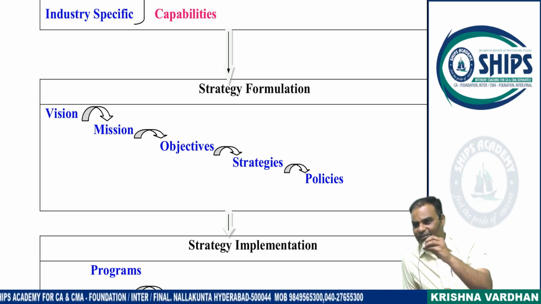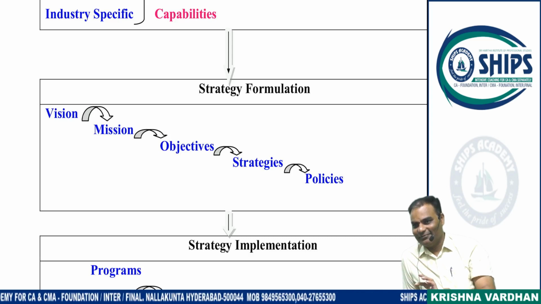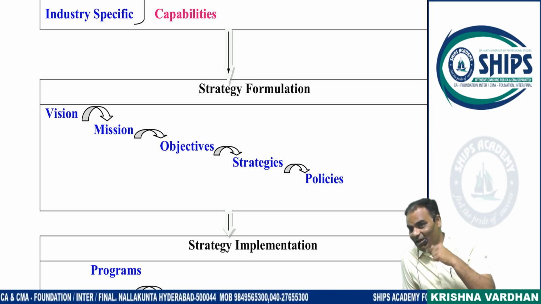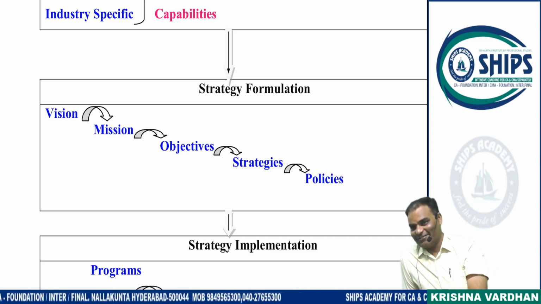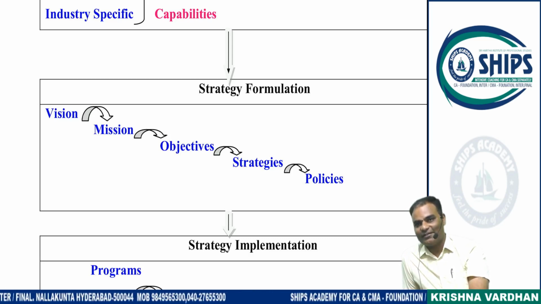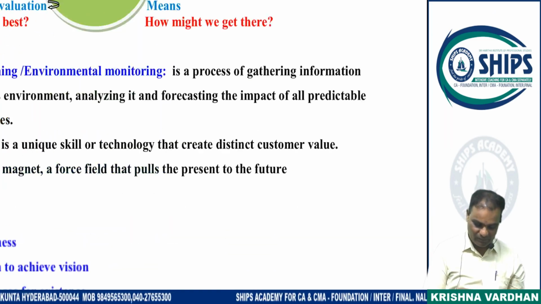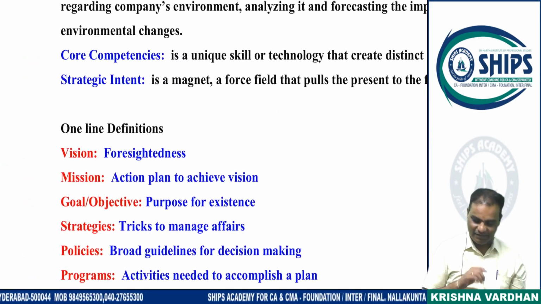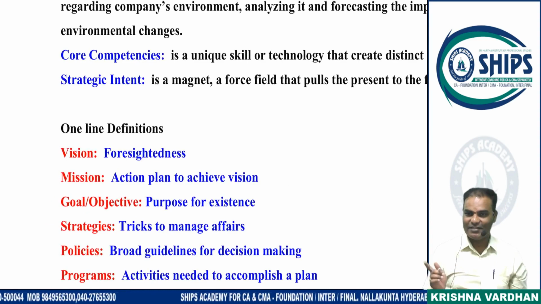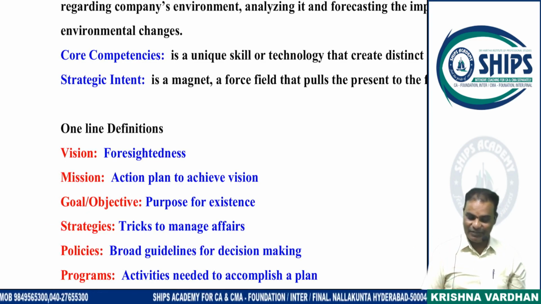Then I have decided where I want to go. Then I should see how I will reach that destination. That process we call mission. So vision is foresightedness. Mission is an action plan to achieve vision.